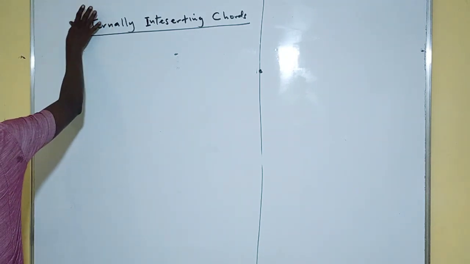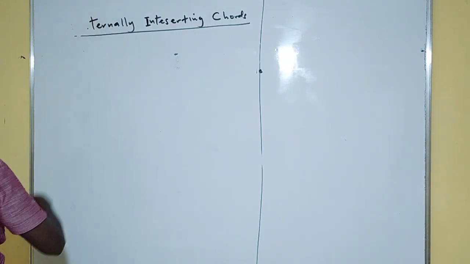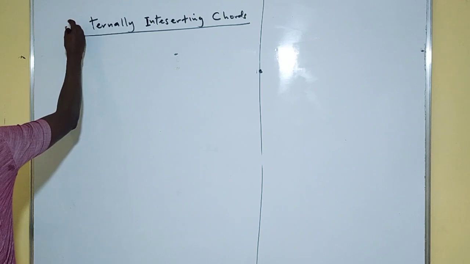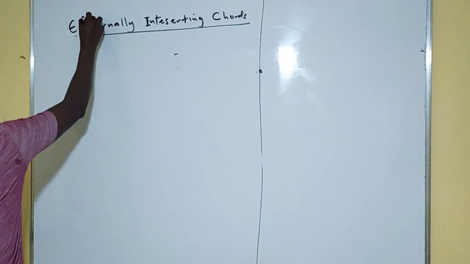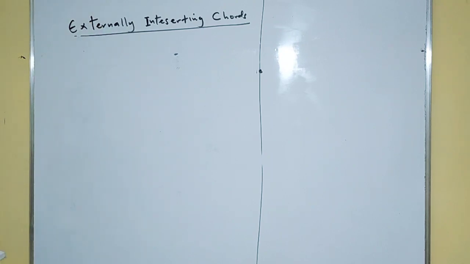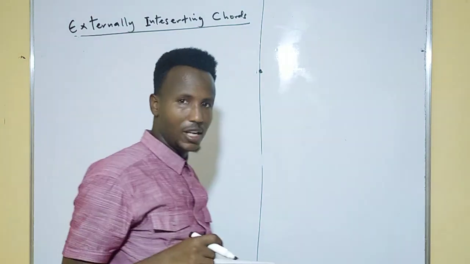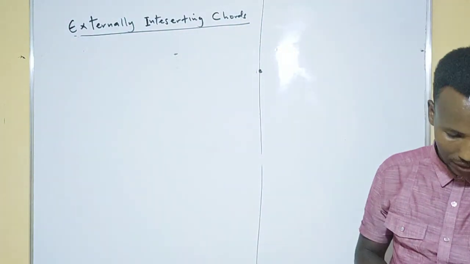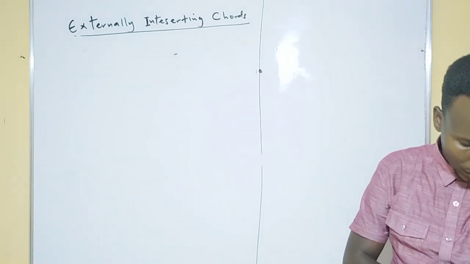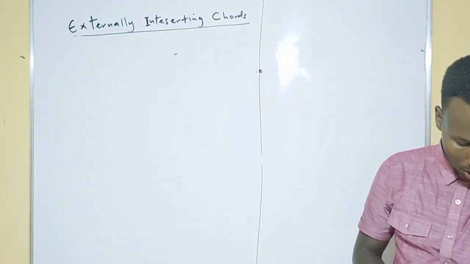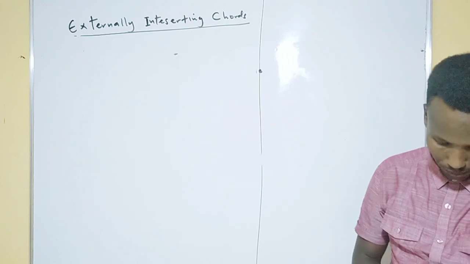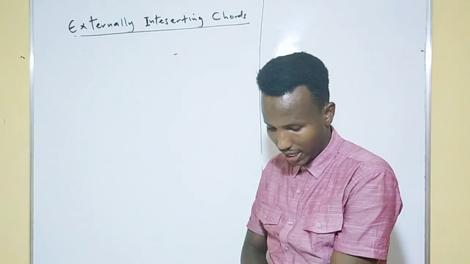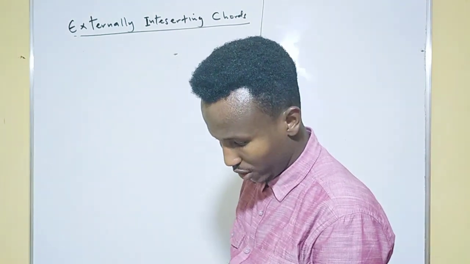So we're going to say externally instead of internally, yeah? Externally intersecting chords. So these are chords that intersect at an external point, okay? It's the opposite of what you have been discussing right now. And by the way, you must know them because they're going to help you, for your information, yeah?